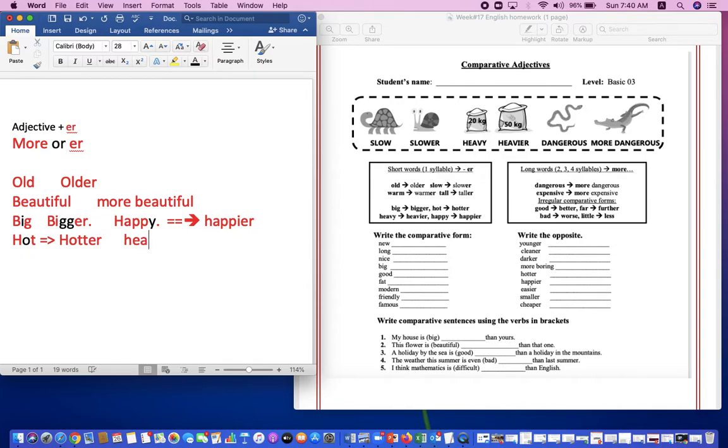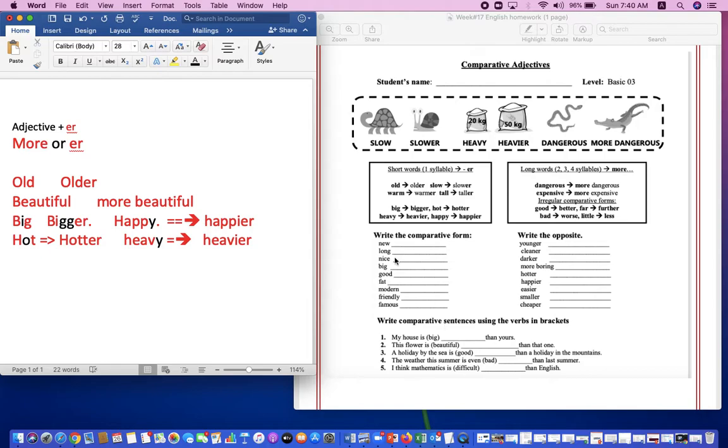If we have heavy, oh, another problematic word. Yes, we will have heavier. So be careful with the y and the vowel letter. And let's revise again. We either add -er or more to the adjective.